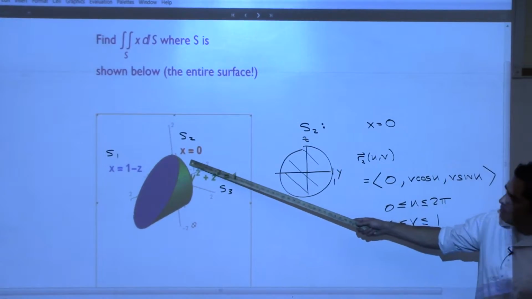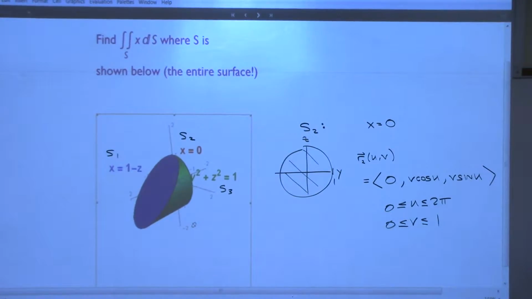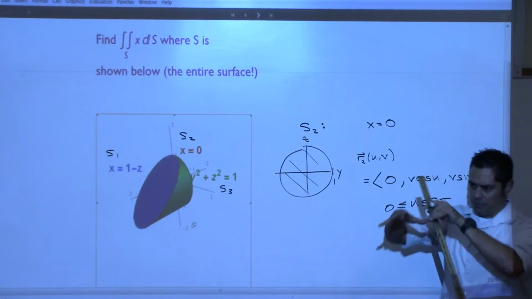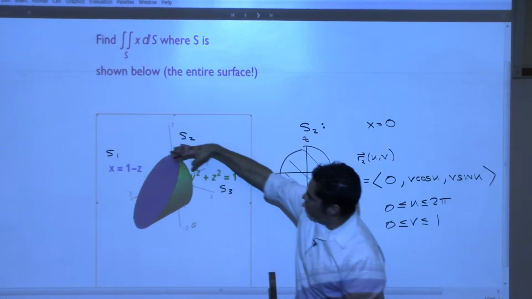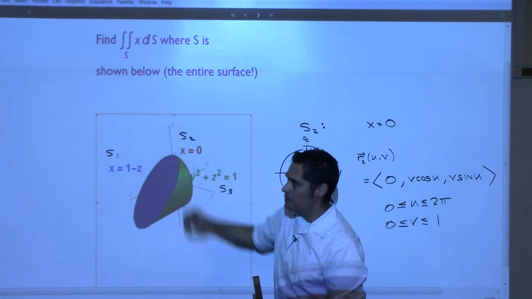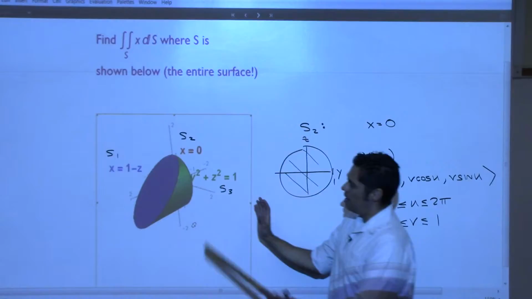Is that back part, that circle on the back side of this, is it z equals a function of x and y? So is it like a surface up here like this? No, it's not a function of x and y. Is it a function of x and z, which means that you come out the y-axis?